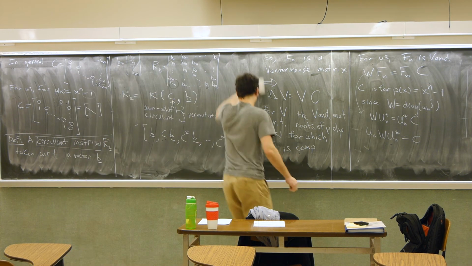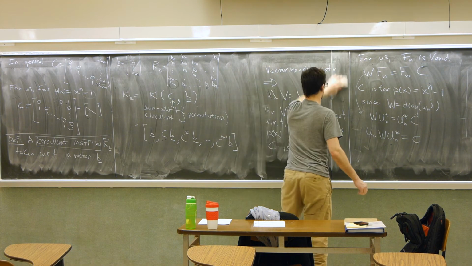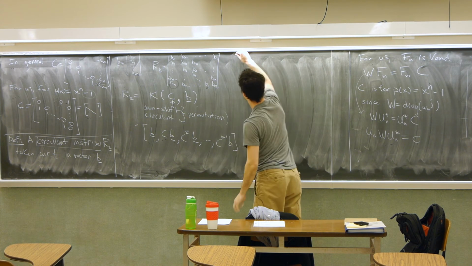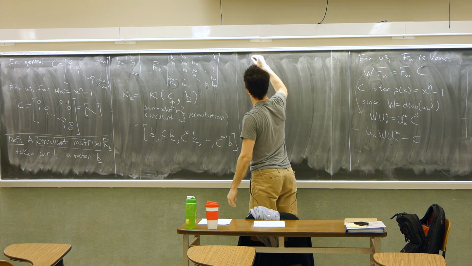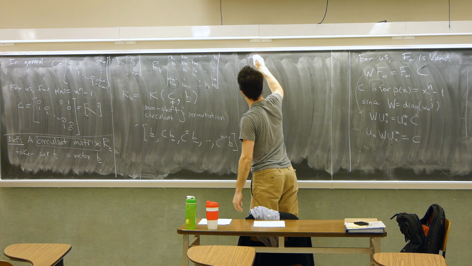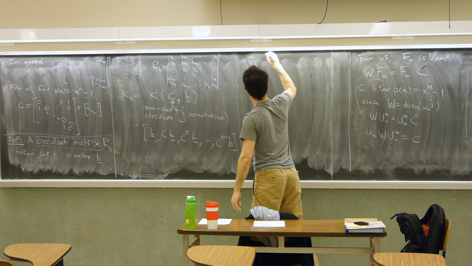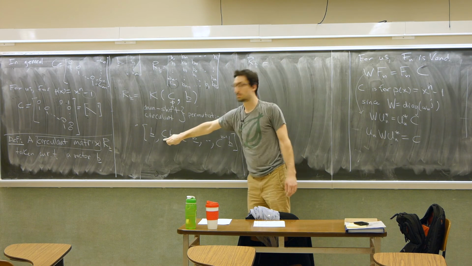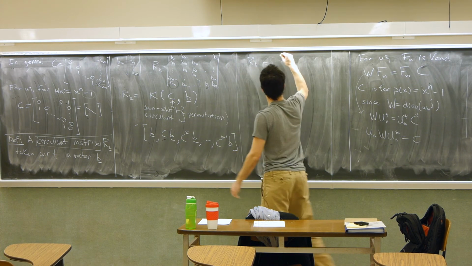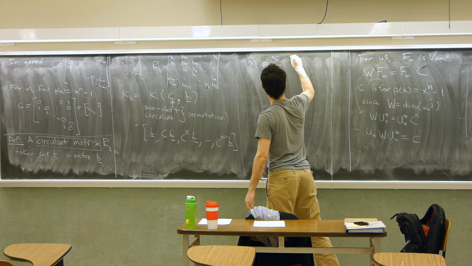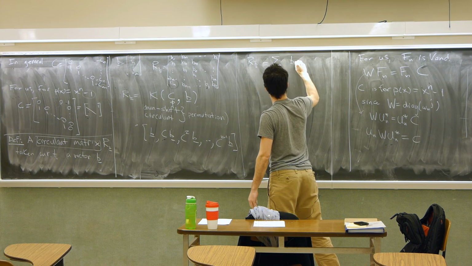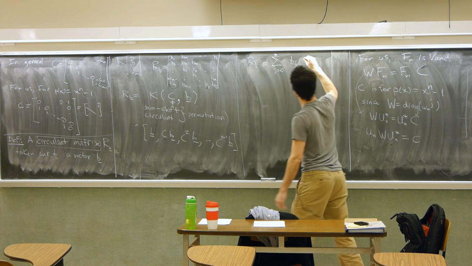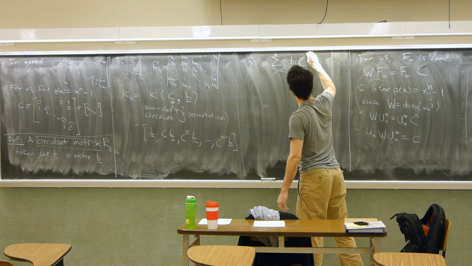Or another way you can think of it, you can also think of it as a polynomial in this matrix C. You can think of it like this: the sum of B_j, j goes from 0 to M, times C to the j.